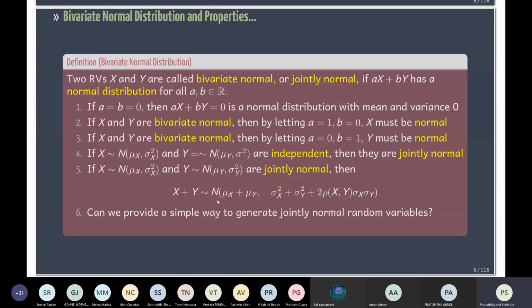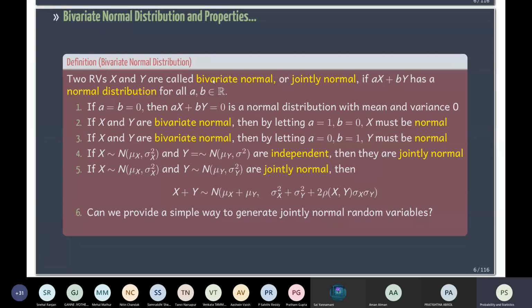So the question is, can we provide a simple way to generate jointly normal random variables? Given two random variables, can we do something to create jointly normal?